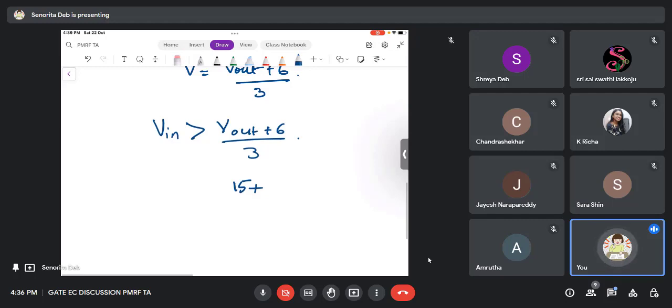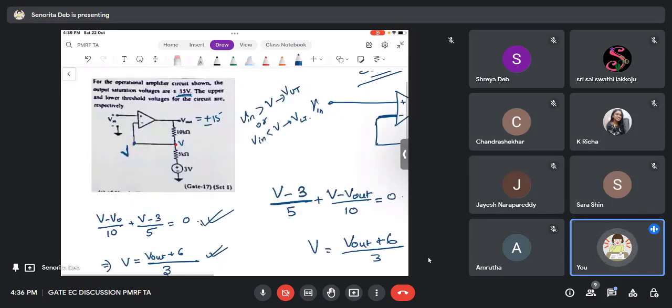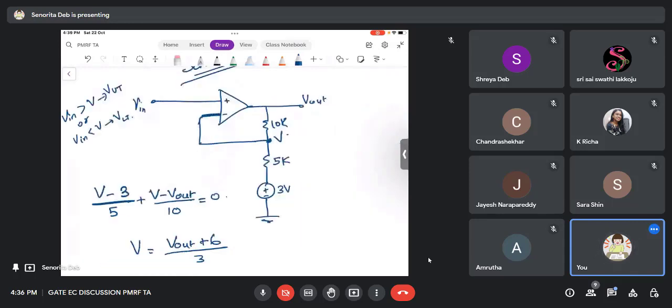I hope you are understanding what I am trying to do here: this circuit is going to make a decision. Vout is given saturation value, either plus 15 or minus 15, depending on whether Vin is greater than V or less than V. First I find V in terms of Vout, because this is a voltage divider circuit that they have given.